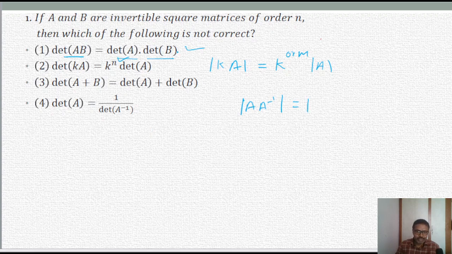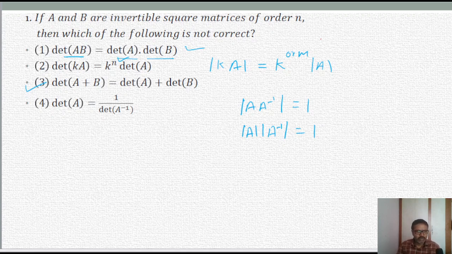And using the first option, which is one of the properties, you can write it as determinant A into determinant A inverse is equal to 1. This gives you this option. So by elimination method, by looking at the question itself, you can tick your option 3 and move on for this question. So very simple and straightforward question, knowledge based question.